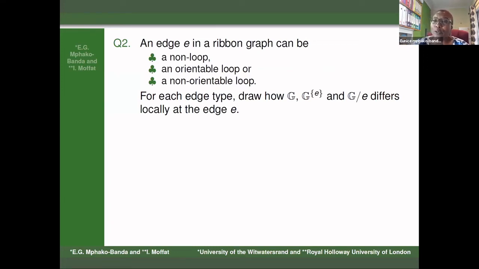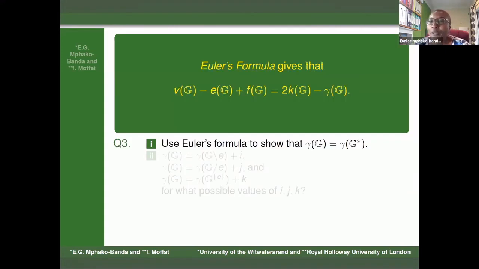This is just practicing, playing around with the concepts which we've introduced, for you to see what it means to contract, to find the partial dual, and what it means to have an unloop or an orientable loop, etc. If you are able to do that, you are developing the concepts.